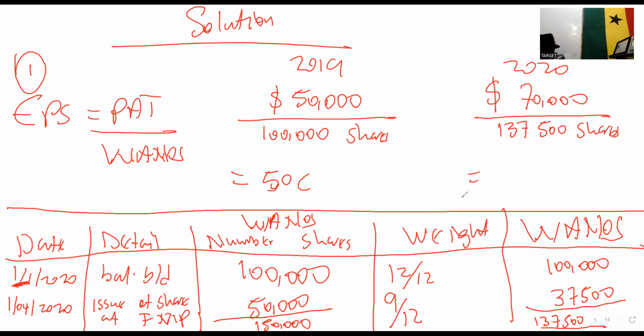Now, if we divide this carefully, that's 70,000 over 137,500, which gives 51 cents. Over here, if we have decimals, we have to run to 2 decimal places.